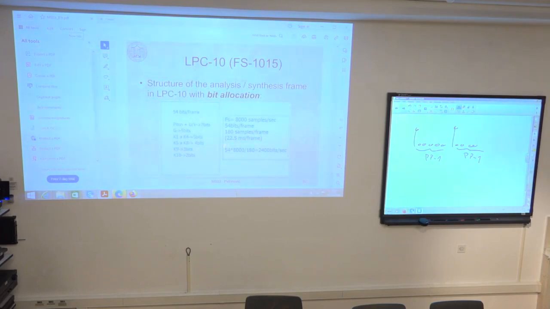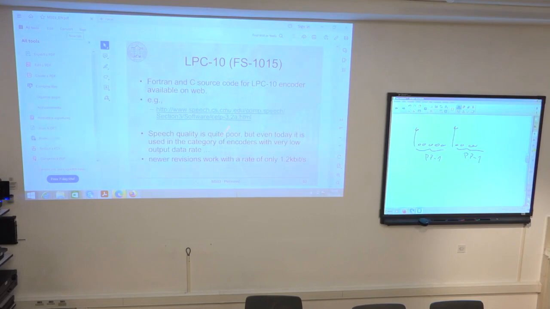And when I multiply this 54 for one frame with this ratio, that I send new set of coefficients only for 180 new speech samples, then I end up with a final rate of 2.4 kilobits per second. Okay.